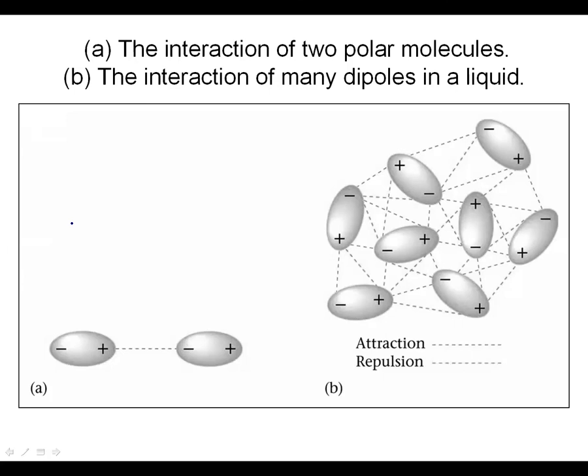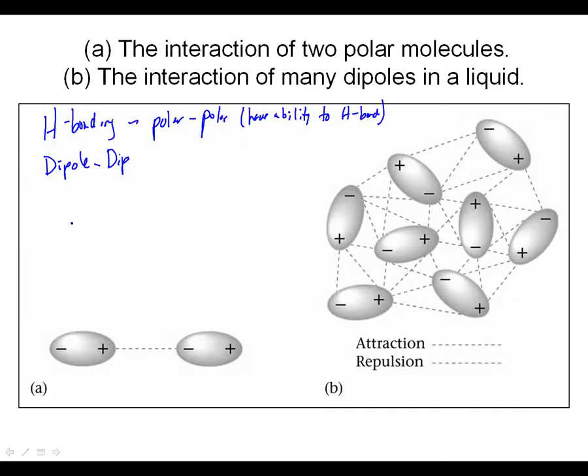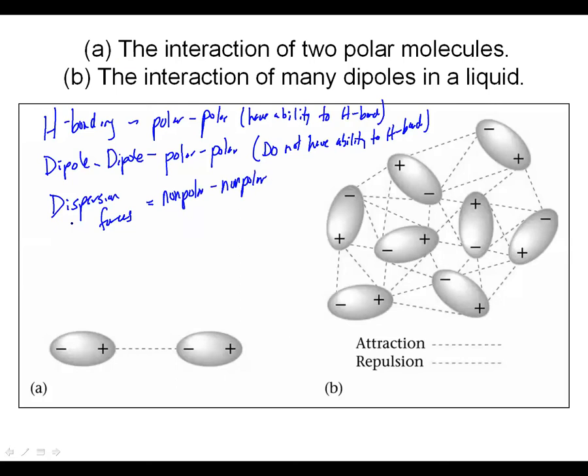The next strongest is dipole-dipole, also for polar molecules coming together with polar molecules that do not have the ability to hydrogen bond. And the weakest of all of them are dispersion forces.